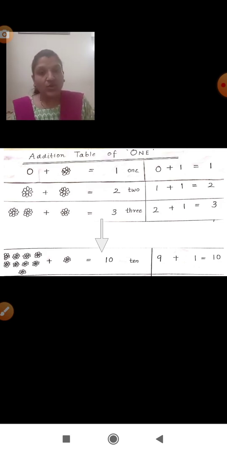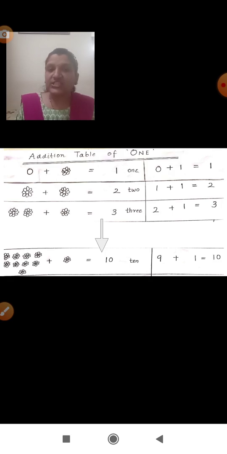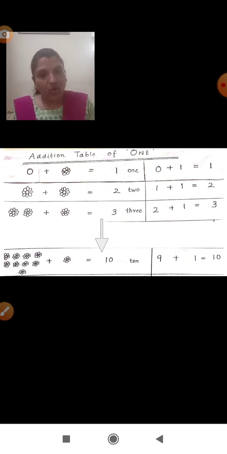Next row you will show 7 flowers plus 1 flower equals to 8, EIGHT 8. Then you will write in the next column 7 plus 1, 8. Then next row you will show 8 flowers plus 1 flower equals to 9, NINE 9. Next column you will write 8 plus 1 equals to 9.